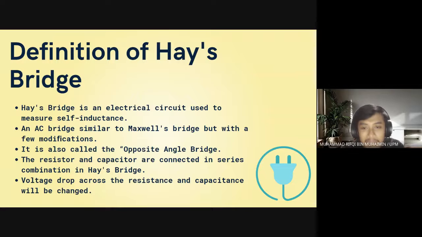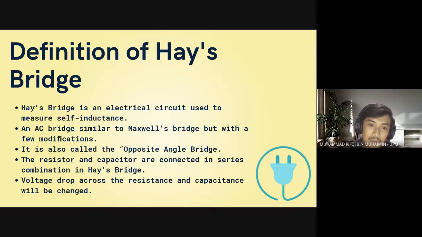Let me explain a little bit about the difference. The main difference between Hay Bridge and Maxwell Bridge is that in Hay Bridge, the resistor and capacitor are connected in series combination. So in this case, the voltage drop across the resistance and capacitor will be different.